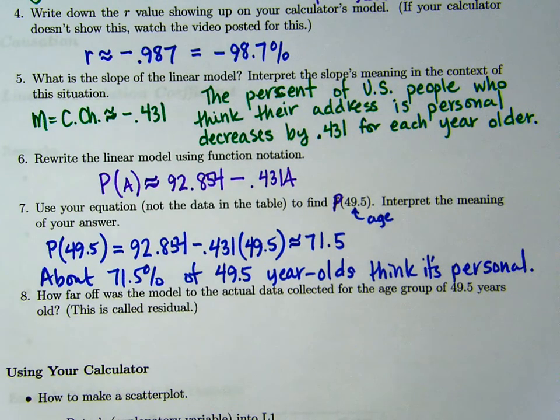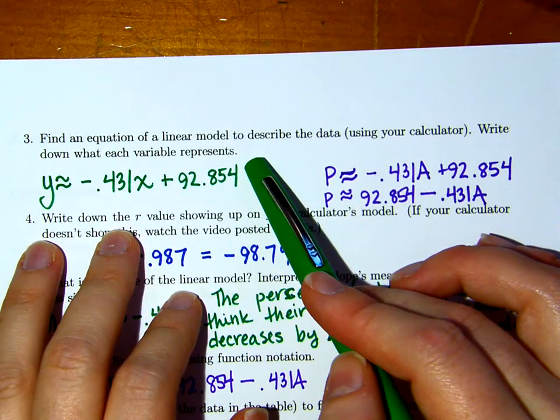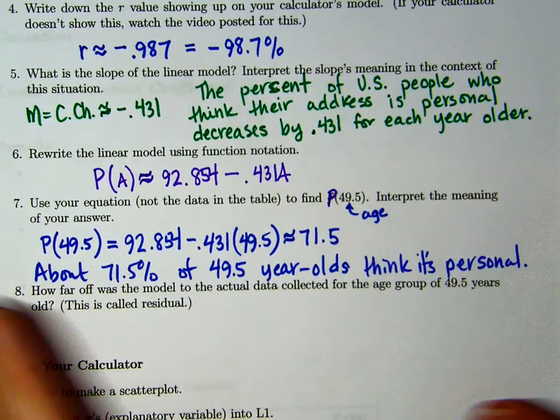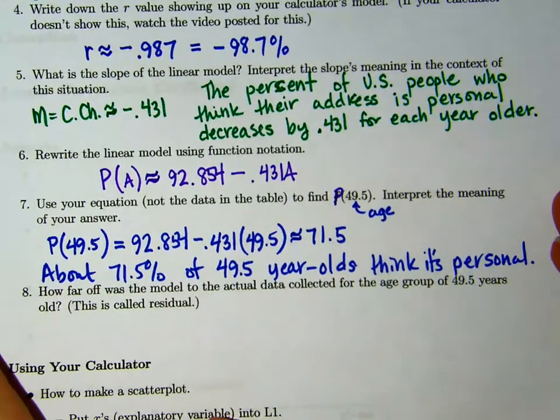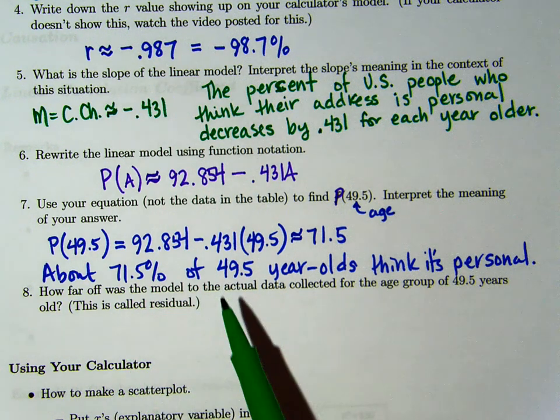Okay, and so just to, yeah, I think number 8 really gets to my curiosity. Just to see how far off is our model, right? Because the calculator picked this equation for this data set because we knew it couldn't be perfect, but we were looking for the best fit, like the least amount of error, total error. How far off was the model?